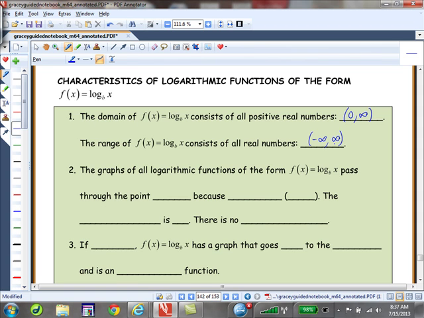The graphs of all logarithmic functions of the form f of x equals log base b of x pass through the point 1, 0, because f at 1 is equal to log base b of 1, which is 0.